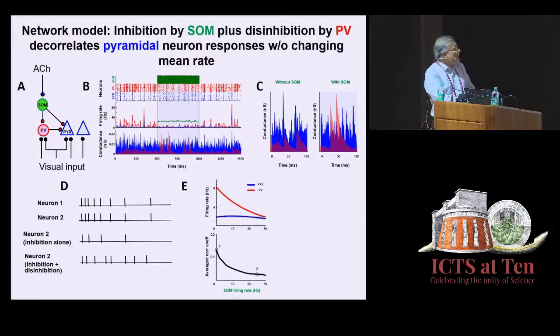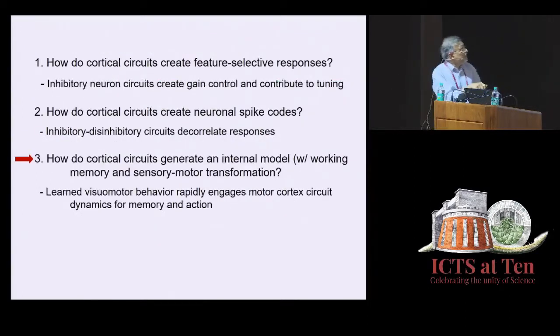And so having an inhibitory, disinhibitory transfer function shifts spike timings without altering the mean spike rate. And we can do this with a very detailed biophysical model to show how it works. So then, inhibitory, disinhibitory circuits decorrelate responses.